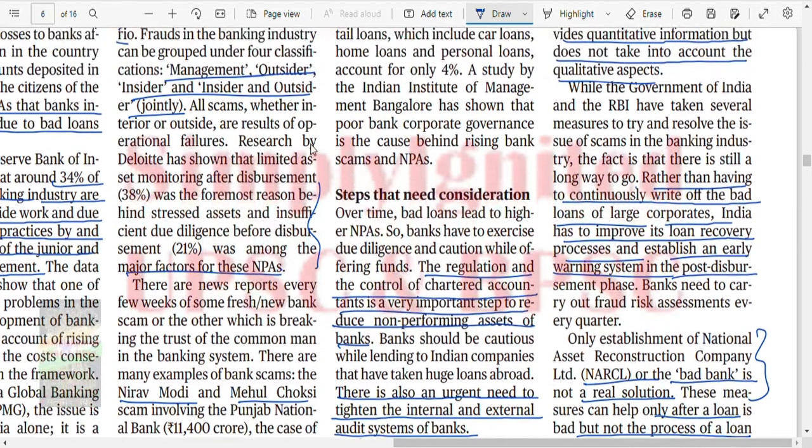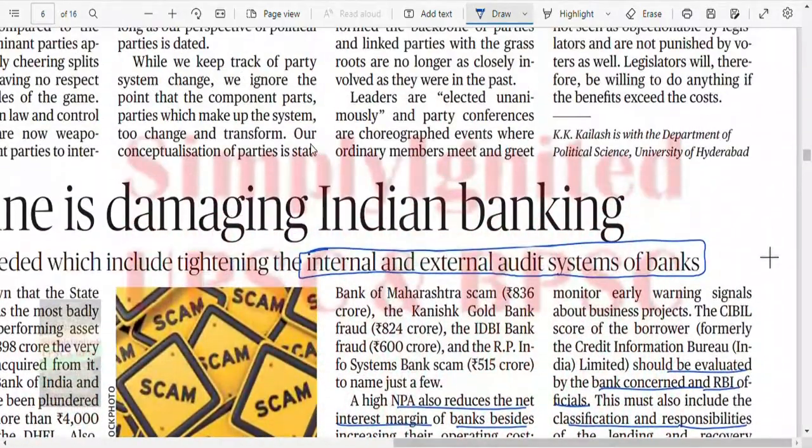So it is saying that you should reform the loan-giving process. You have to do internal plus external audit, regulate CAs, and then you have to use artificial intelligence.